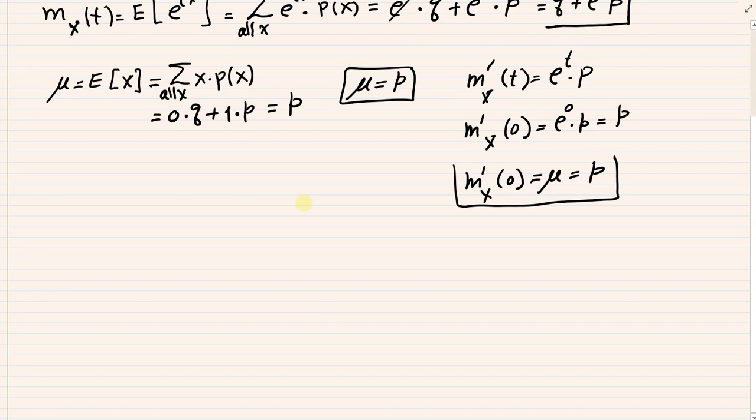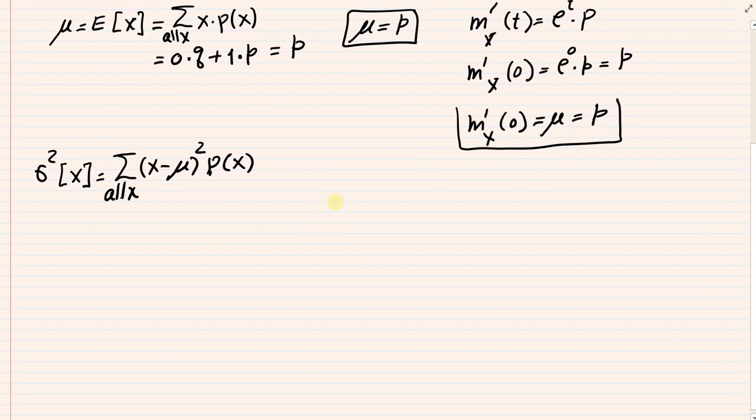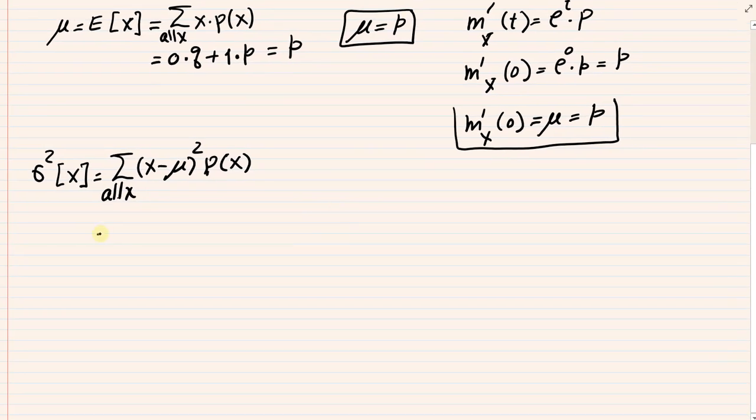Next, let's take a look at the variance. So how am I going to find the variance, sigma squared of the random variable X? We can go to the definition again. This is the definition based on the sigma form: the sum of (x minus mu) squared times P of x, again over all x. We can do it this way, or we can use the computational form.